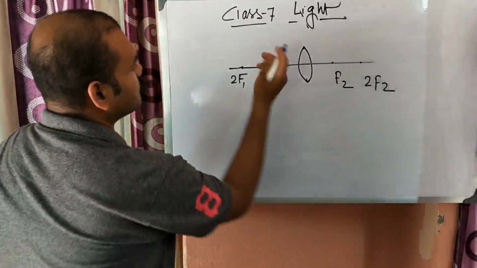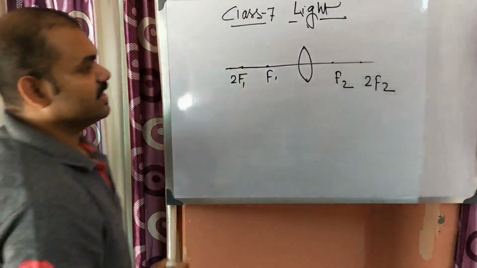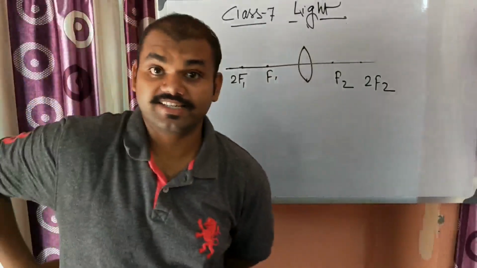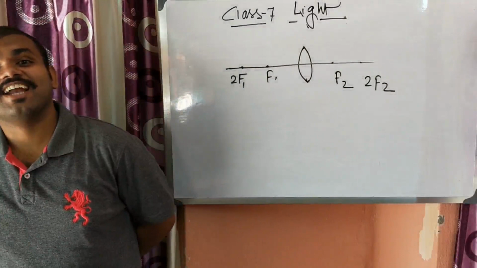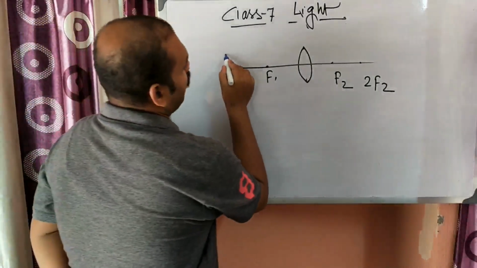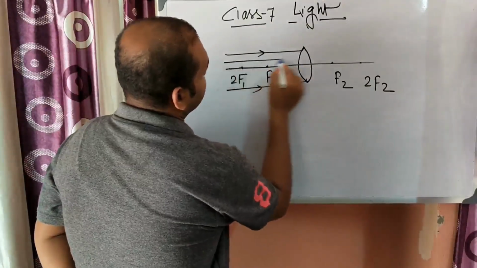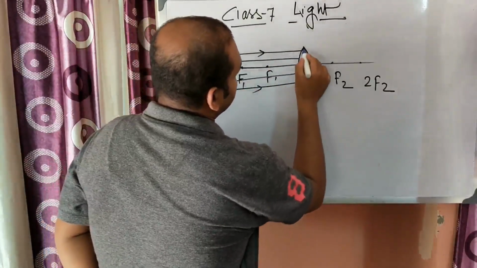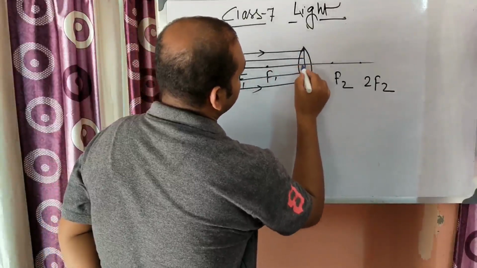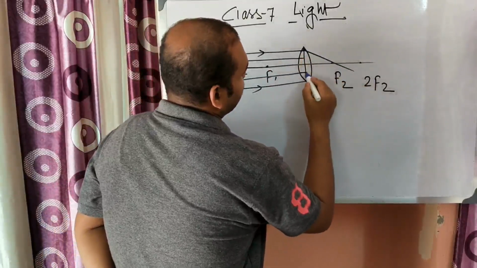Okay, so when an object is at infinite distance, all the rays are coming parallel. So after passing through the lens, they will meet at focus.